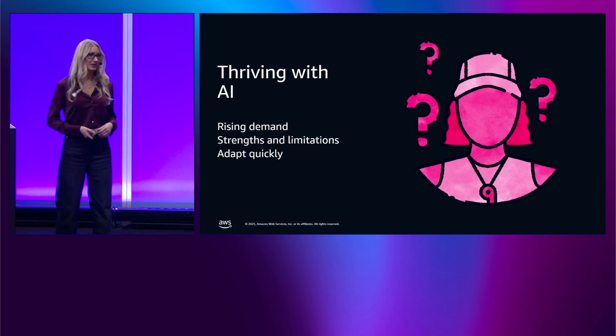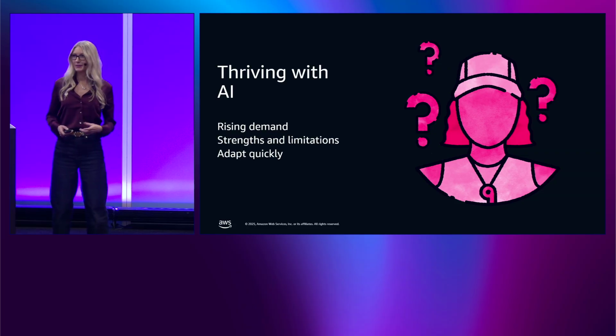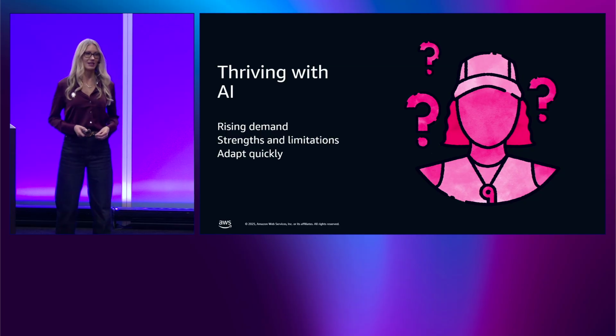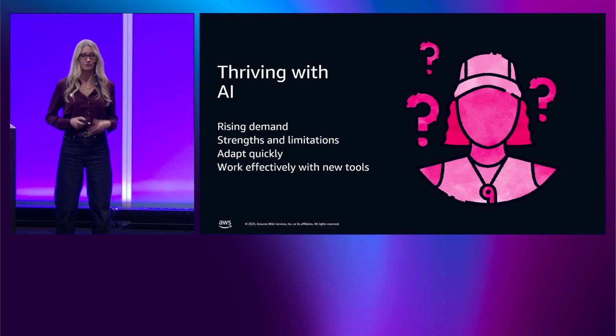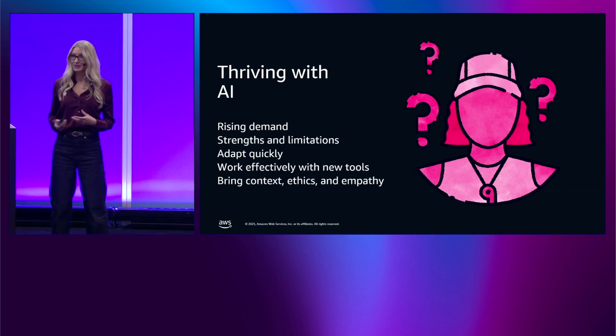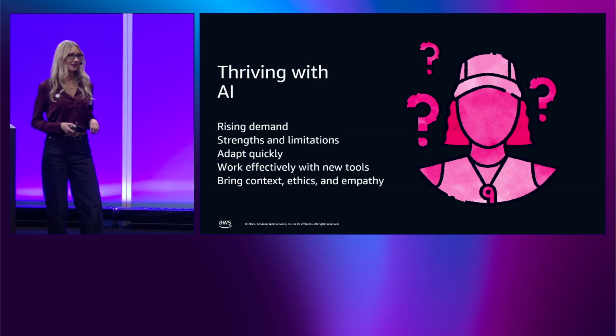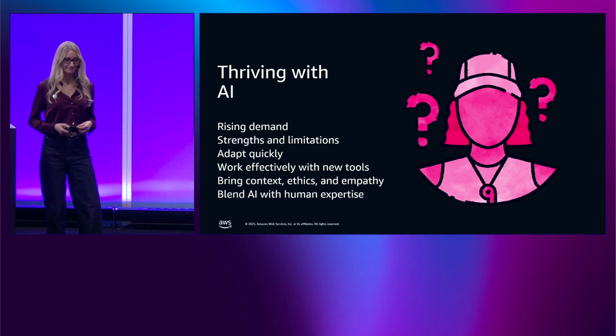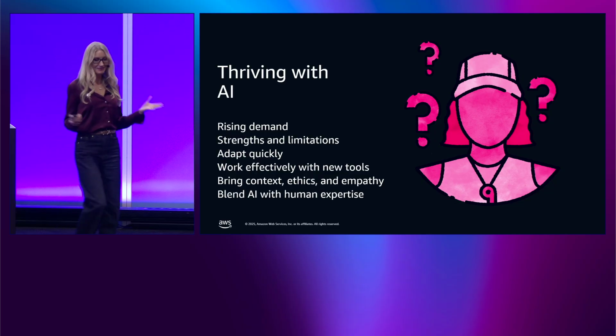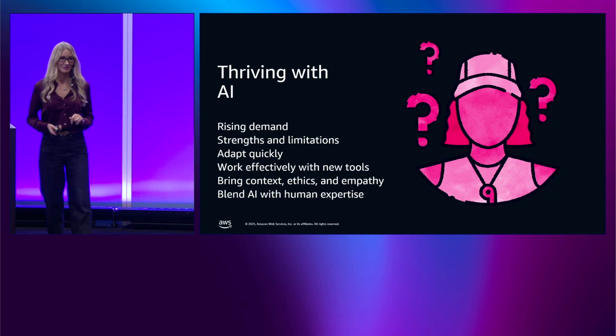Being able to adapt quickly as well, and being able to take on board new things as they happen, adapt to changing technologies and technologies changing in the way that we can and can't use them. So really just having that ability to roll with it, work effectively with these new tools, as well as bring context, ethics, and empathy and humanity to the technology that we're using. Ultimately, blending AI with human expertise.